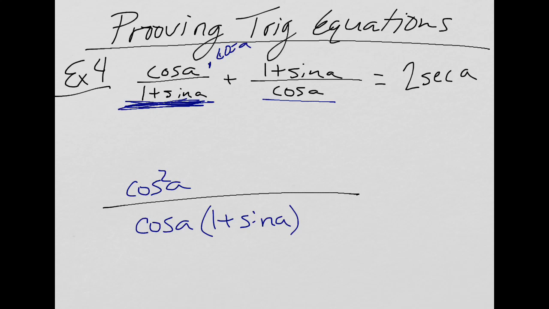Alright. And it's addition, so that's not going to change. So what did I multiply the top and bottom of this other fraction by? I multiplied it by 1 plus sine A. So I've got to multiply 1 plus sine A on the top there.